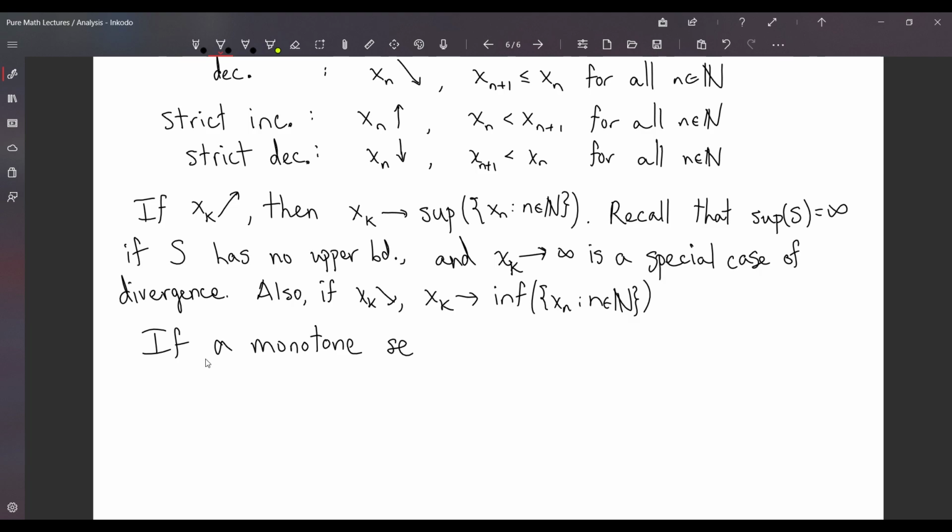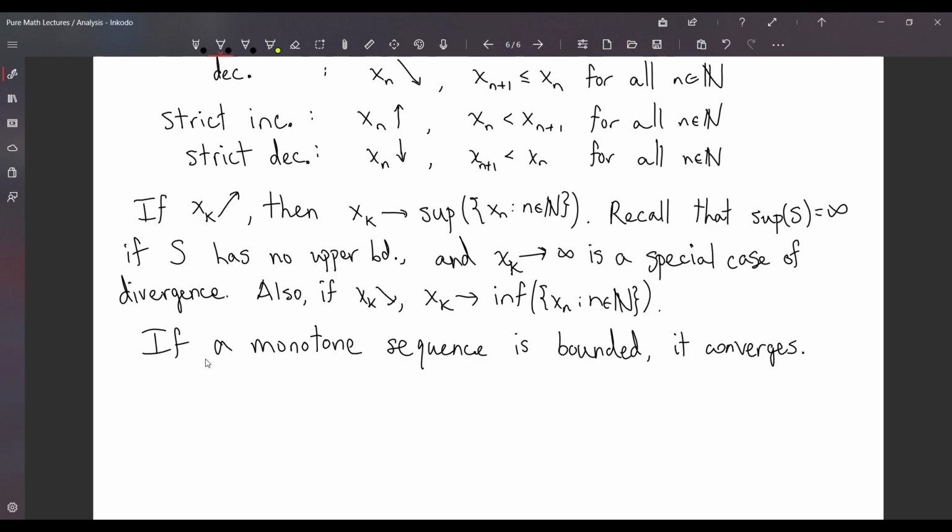And again, with the infimum, you might have negative infinity. So if a monotone sequence is bounded, it converges.